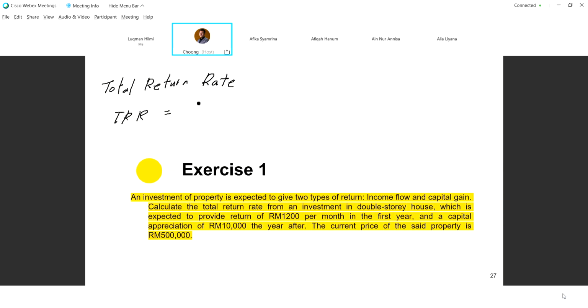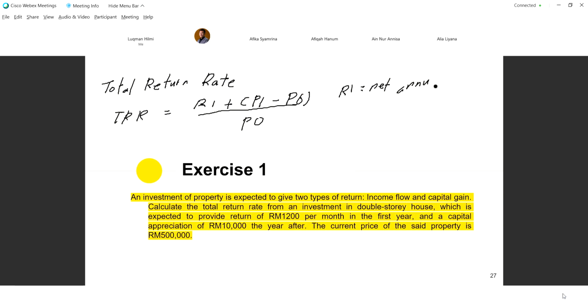Namanya your rental income, price. The future price minus your price divided by your P. So in this case, your R1 divided.